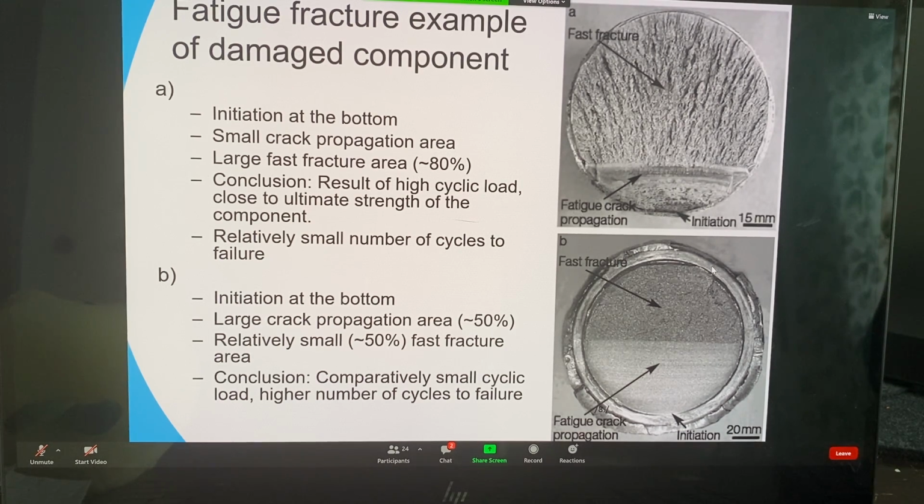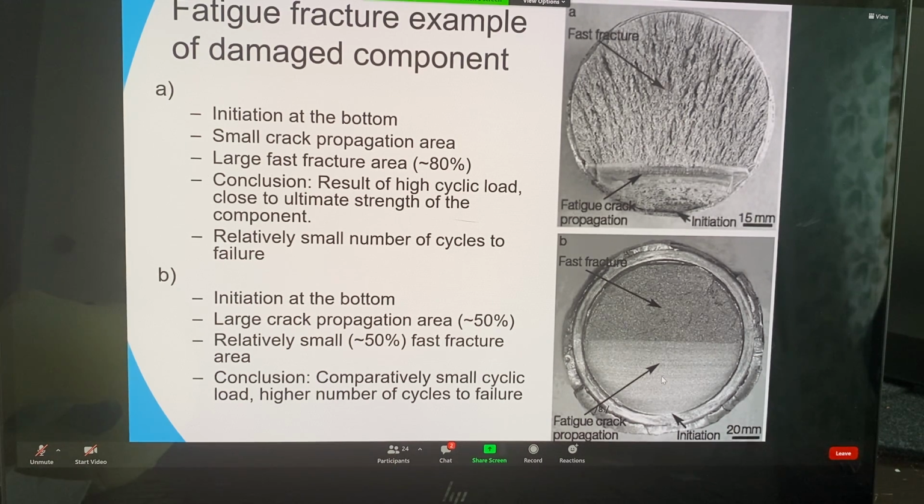Whereas in this bottom picture it's probably a screw, because I think we can see a side of the thread here. Also the initiation has been on the bottom side, but now we can see that fatigue crack propagation has lasted roughly to the half of the diameter, and only after then has happened the fast fracture.